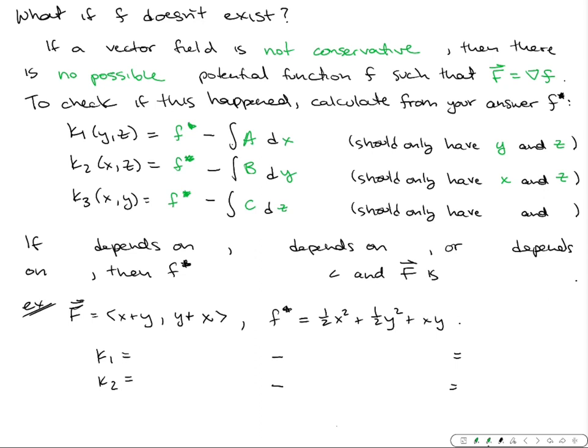In that case, you should only have variables x and y left over. You're just going to check: if K1 depends on x, or K2 depends on y, or K3 depends on z, then something went wrong. Your f star does not work, and capital F is not conservative.